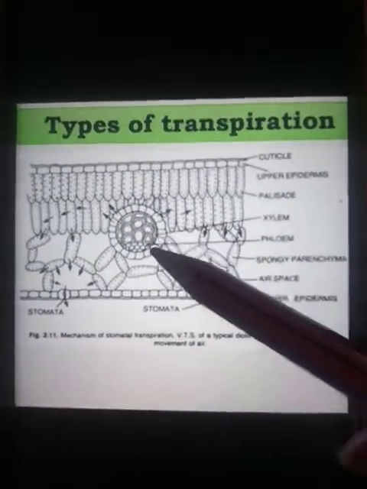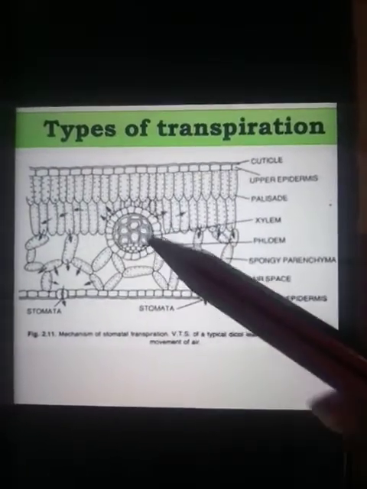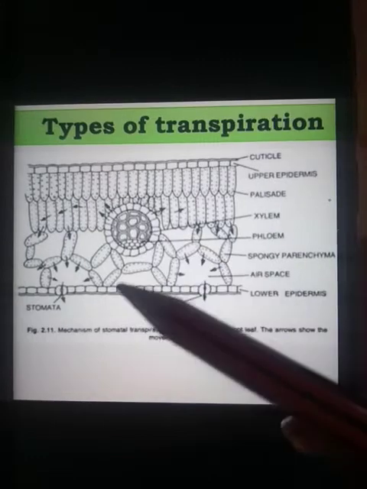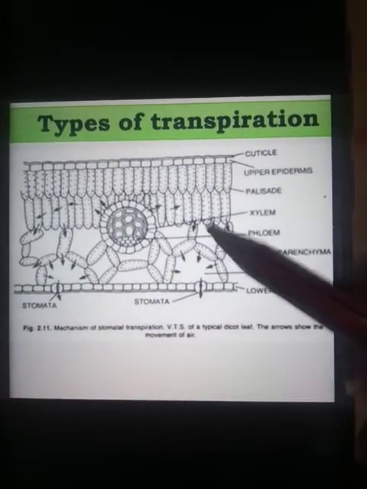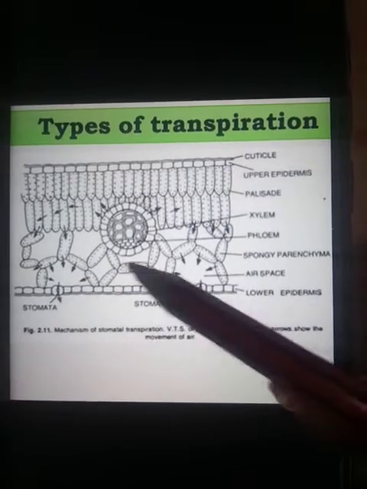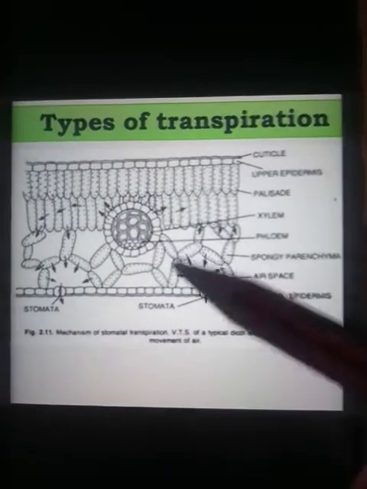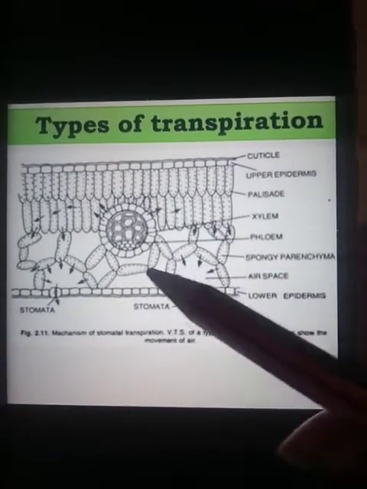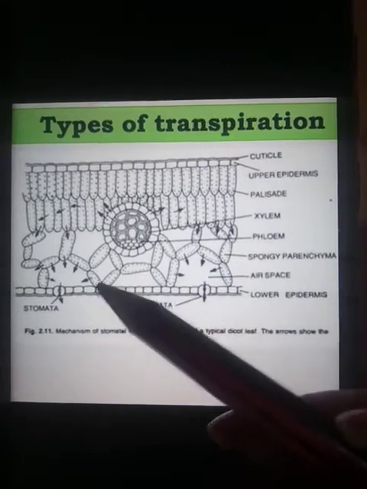After that, from the xylem it goes to all the cells, and it fills inside all the cells, and after that, when the cells are unable to accommodate more water, they ooze out the water in this intercellular space, which is the air space written in here.